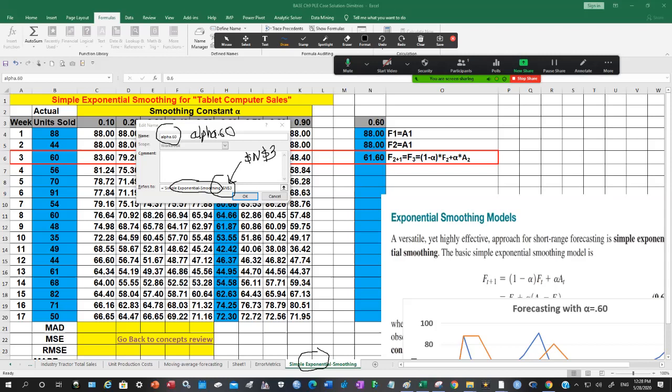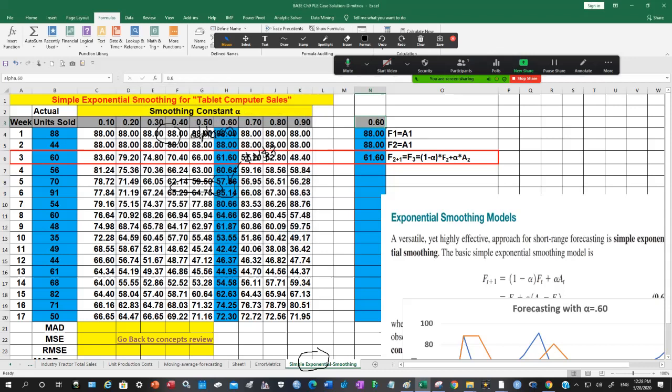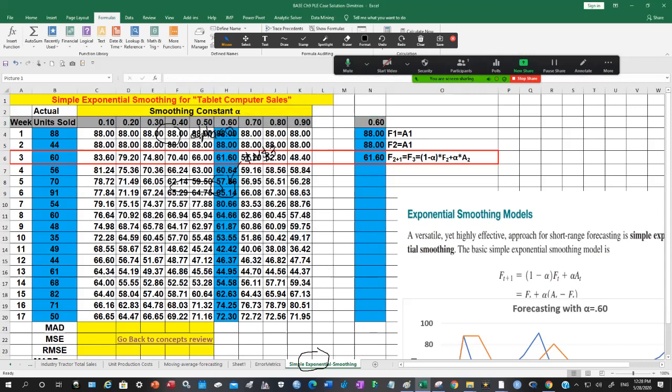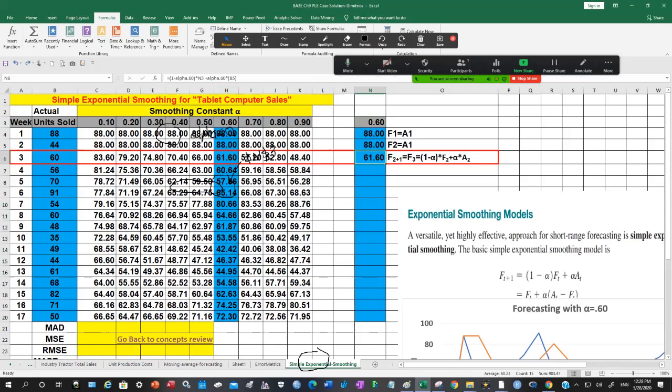And the $N and $3 basically help you when you keep using the formula, and eventually if you want to paste the formula by clicking here and dragging it down, all right? So you see that you get the correct values. So it's good to use name variables whenever you can, all right?